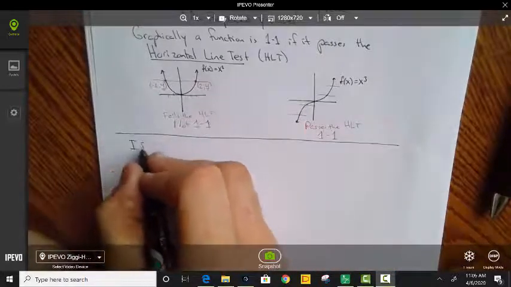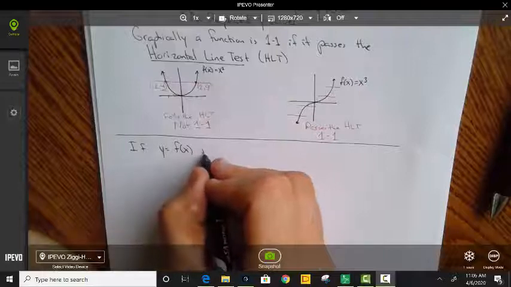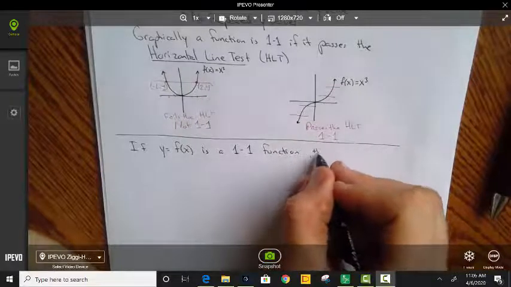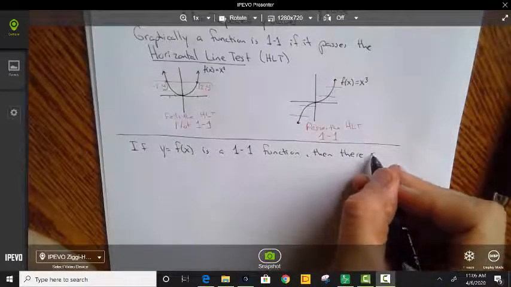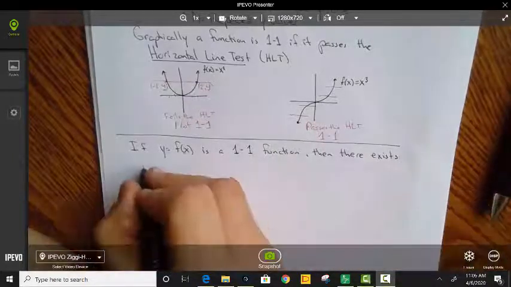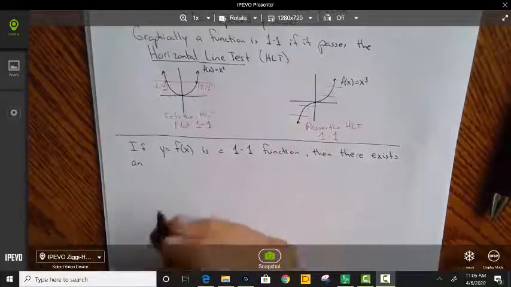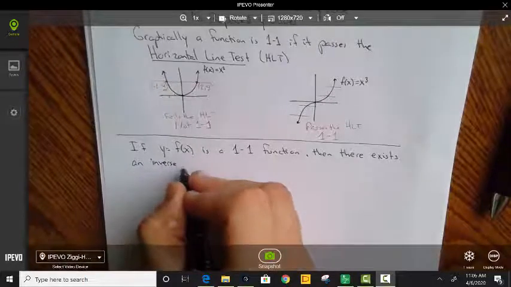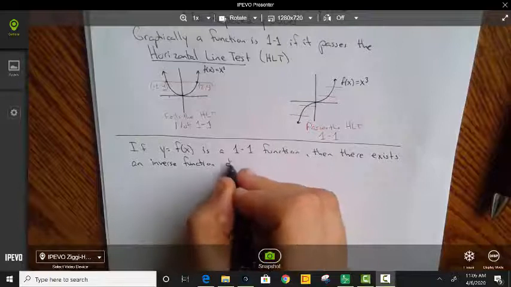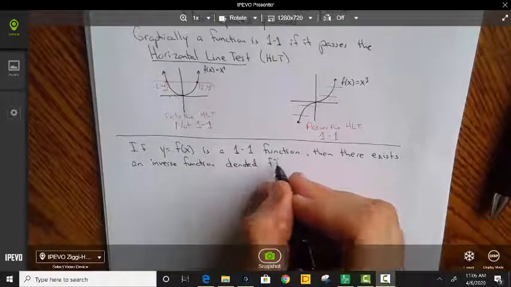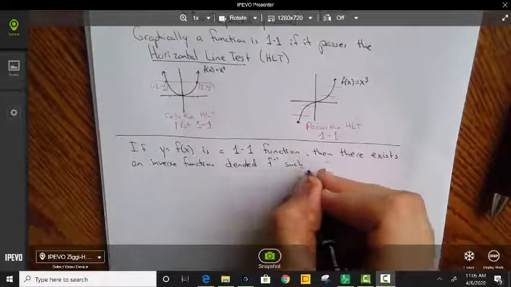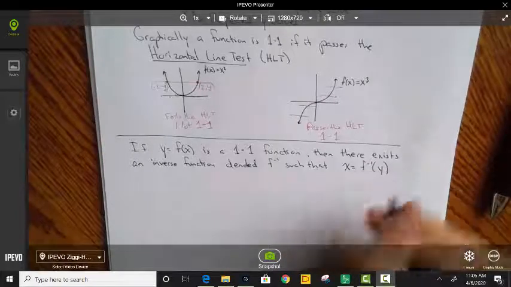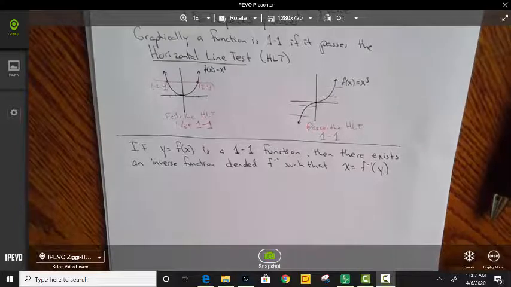What it says is if y equals f of x is a one-to-one function, then there exists an inverse function, denoted f inverse, such that x equals f inverse of y.